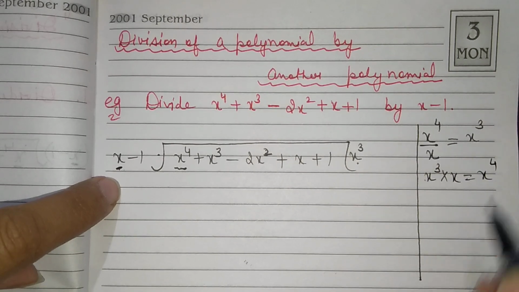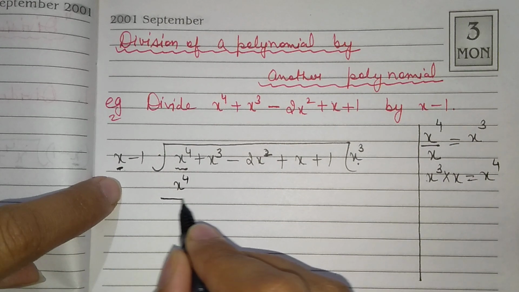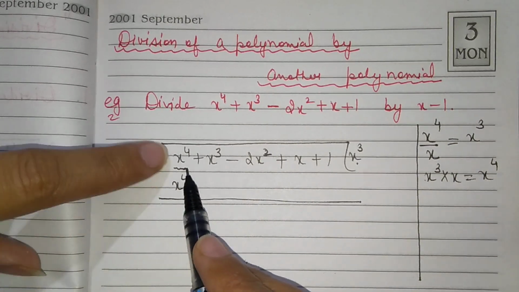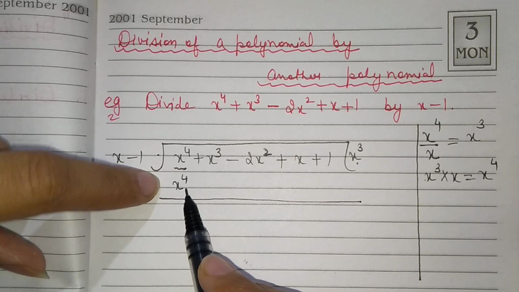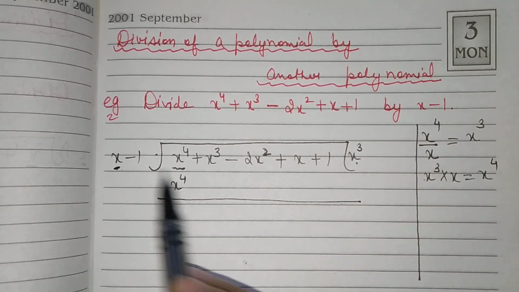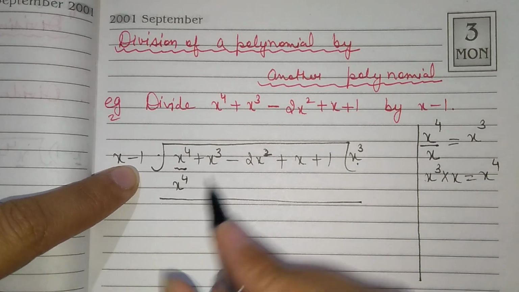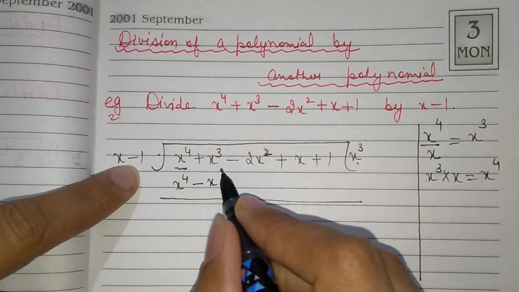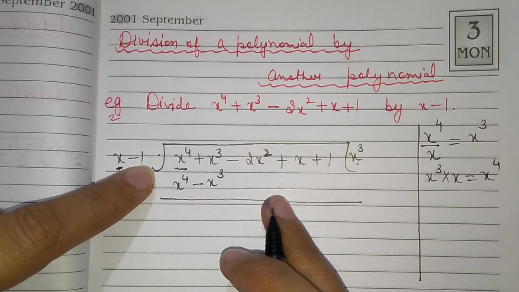What we get? x raised to power 4. That will be written here. And please remember, like terms should be written together. Now x cube multiplied by minus 1. Orally we can see x cube into minus 1 is minus x cube. After this no term is there, so we can't write further.